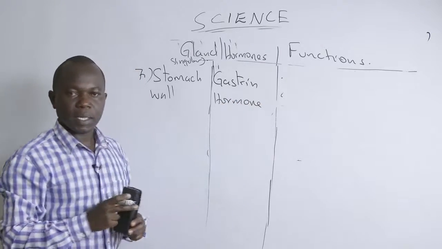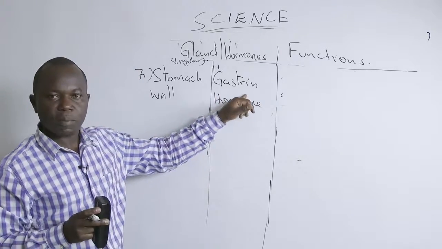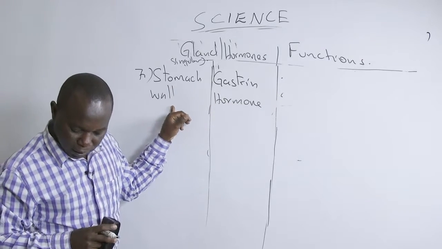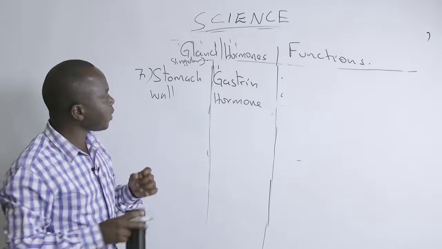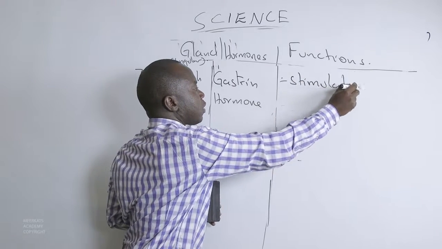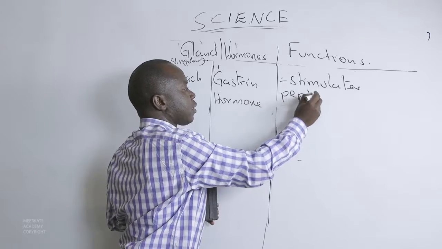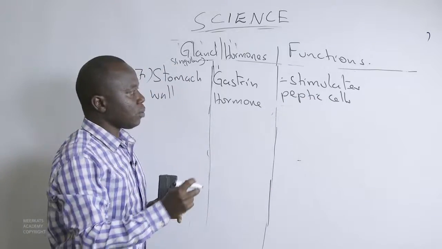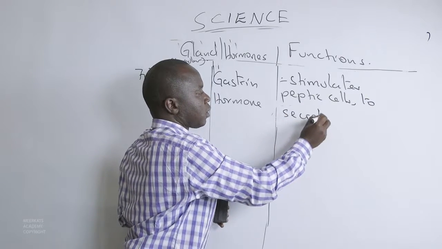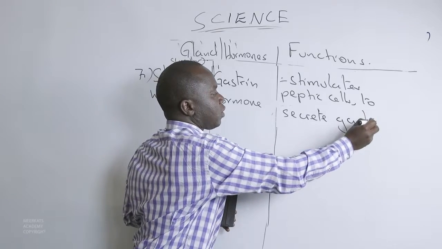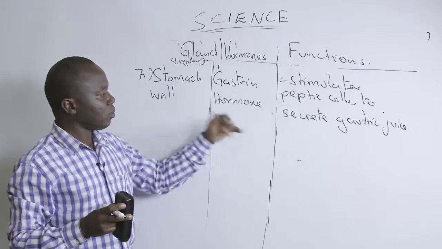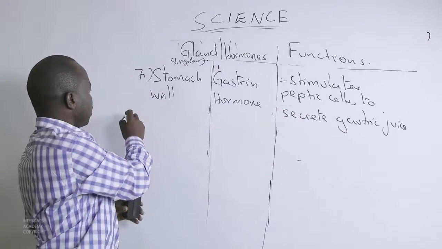That gastrin hormone from the stomach will now stimulate cells on the stomach walls, specifically peptic cells, which will now secrete gastric juice.